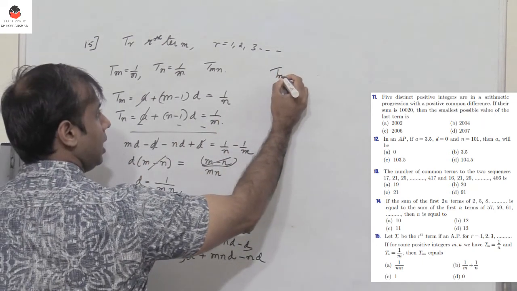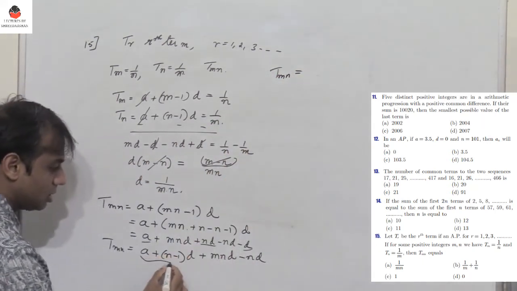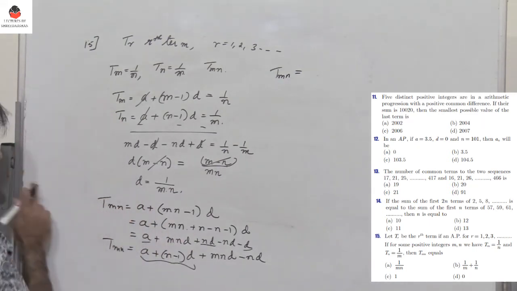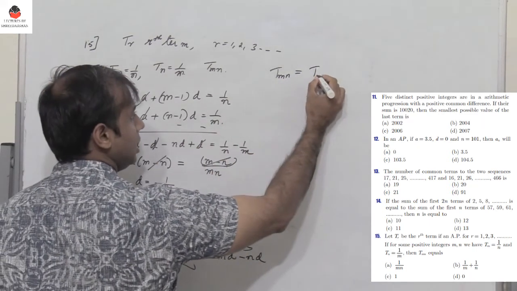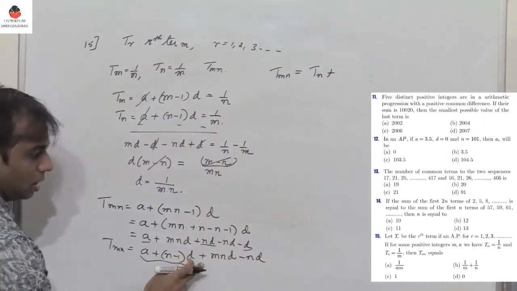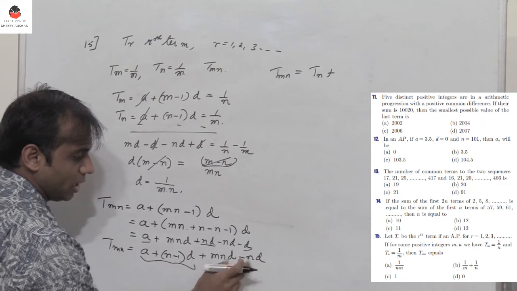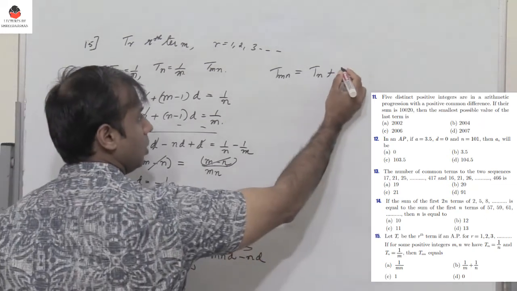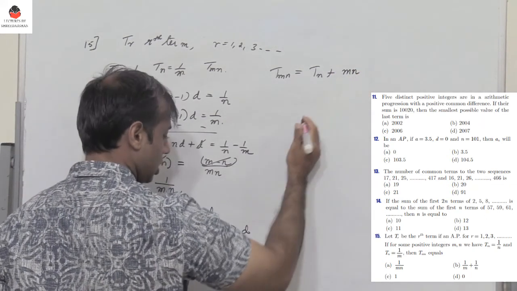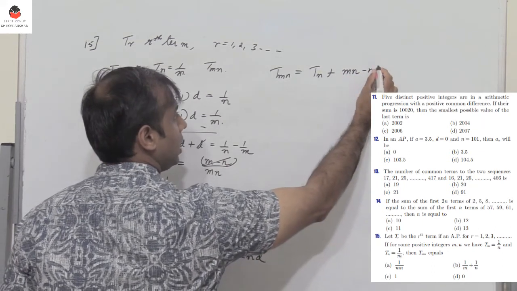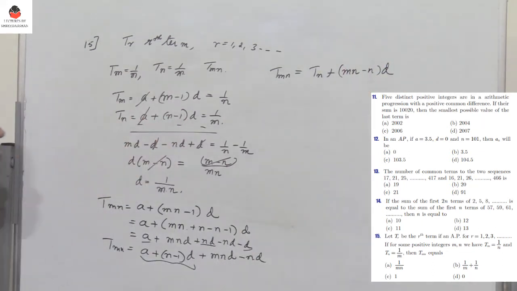So this entire term is nothing but Tn. So this is going to be Tn plus, now this is mnd minus nd, so I can take d common, so I have (mn minus n) into d.